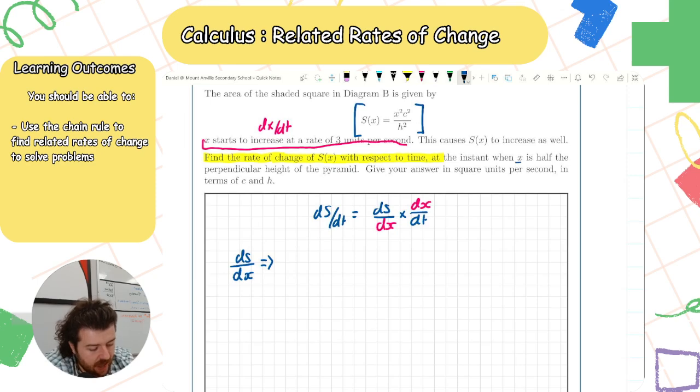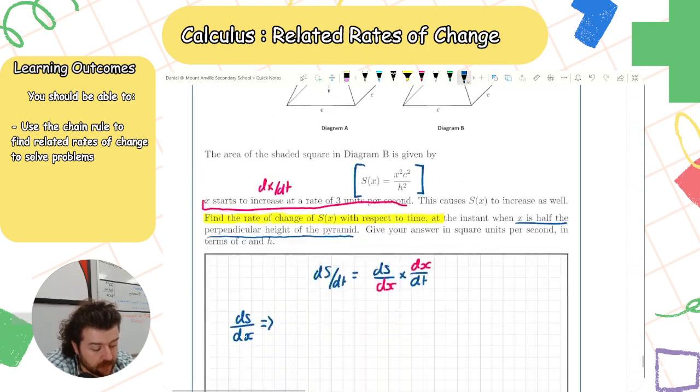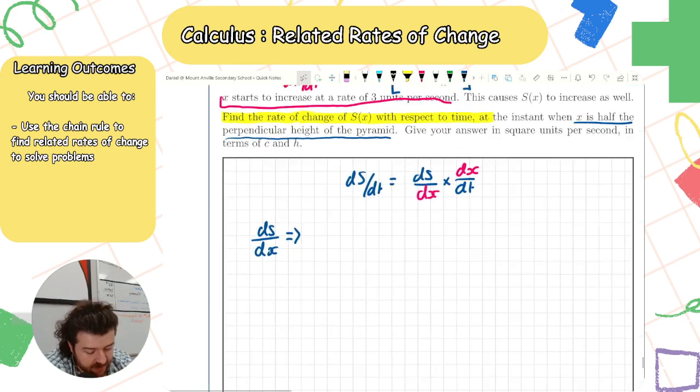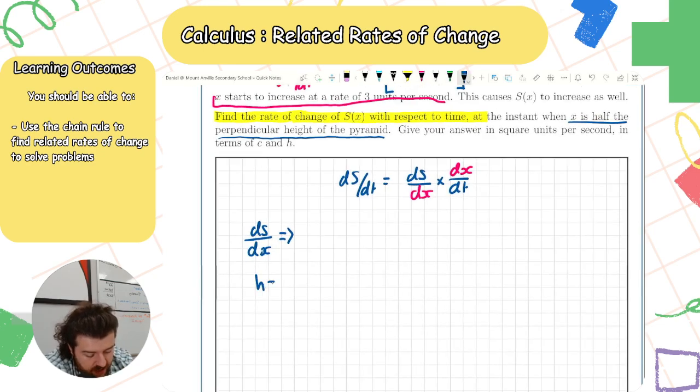Now, but before I do that, the instant where x is half the perpendicular height of the pyramid. Well, h is the perpendicular height of the pyramid, so x is half of that. So say a half h is equal to x, right? So x is equal to half of that height.